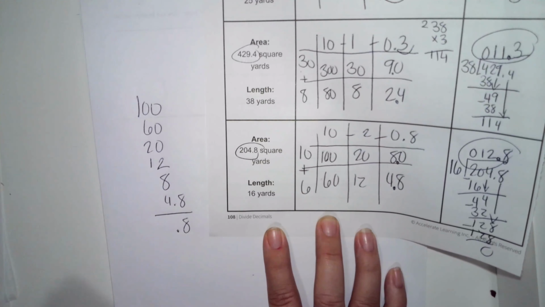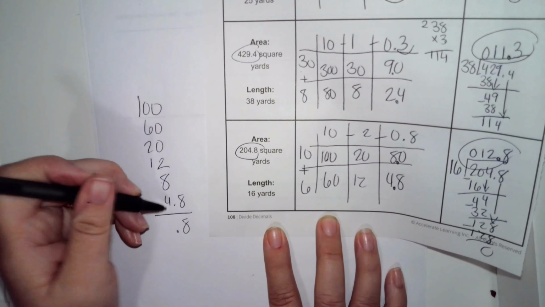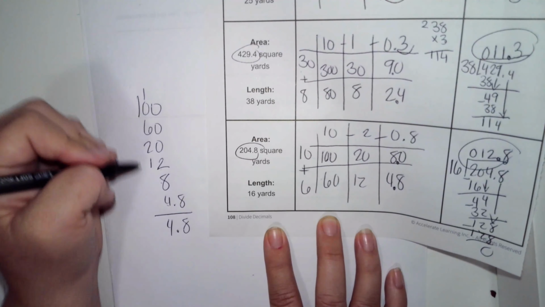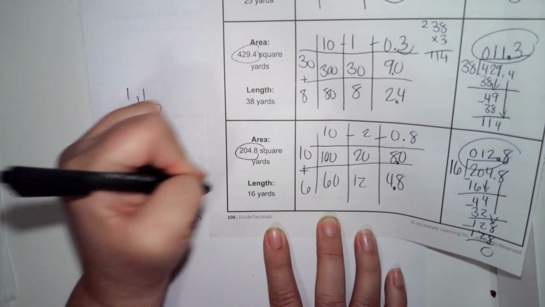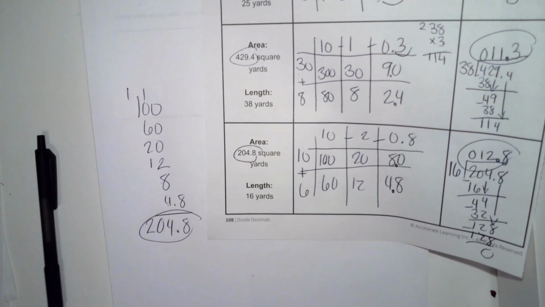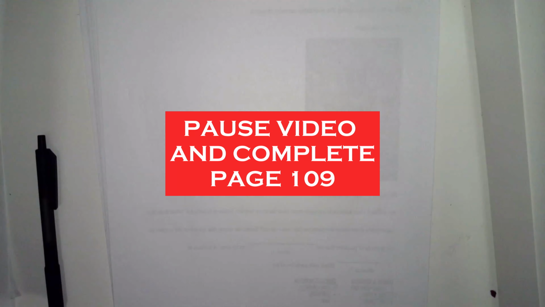My 8/10 go there. 2 plus 8 is 10 plus 4 is 14. 1 and 6 is 7 plus 2 is 9 plus 1 is 10, and 1 and 1 is 2. My answers match. I want you to turn to page 109, and I want you to pause the video, solve the questions on page 109, and then come back in.